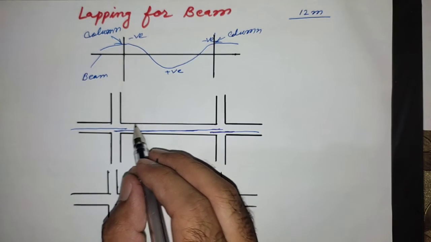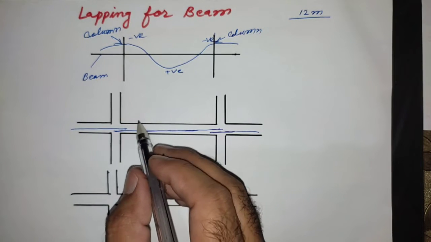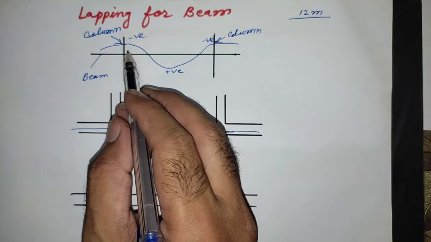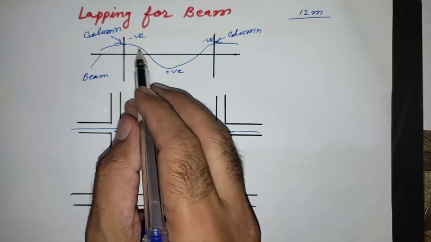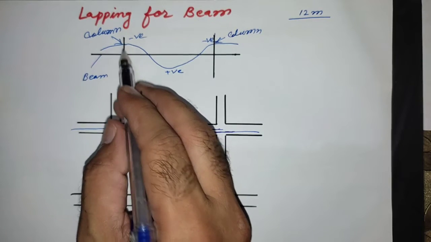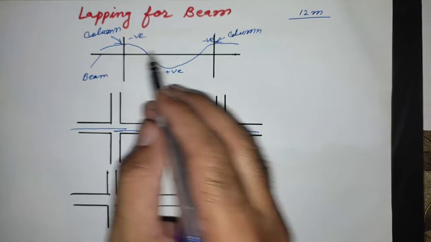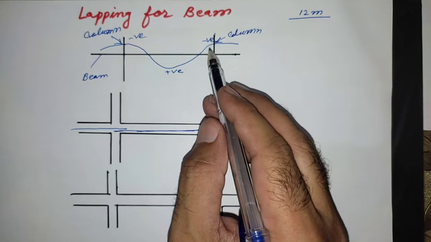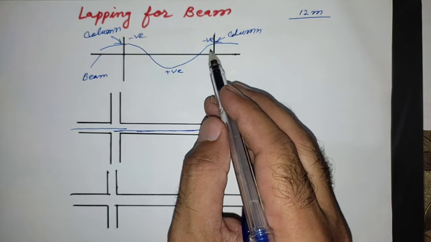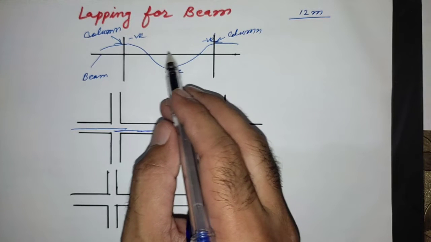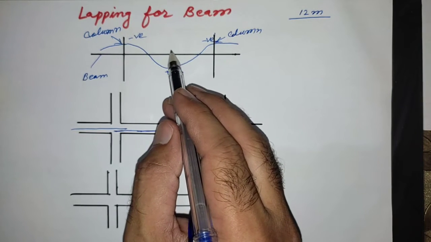Also in top reinforcement we have negative bending moment near the supports, the section of the column. Here is maximum negative bending moment, and in the middle portion there is zero bending moment.